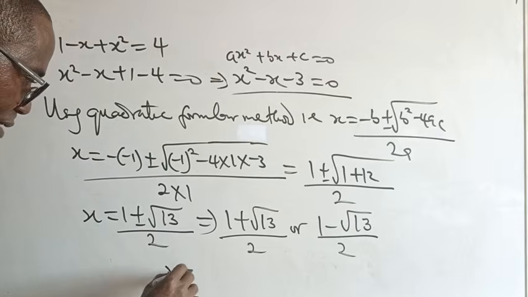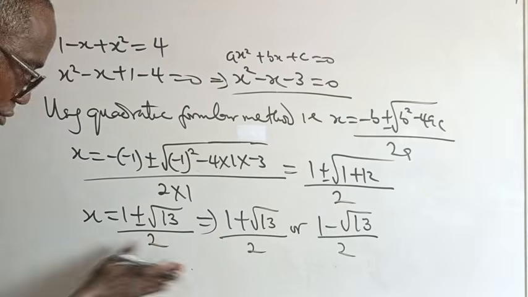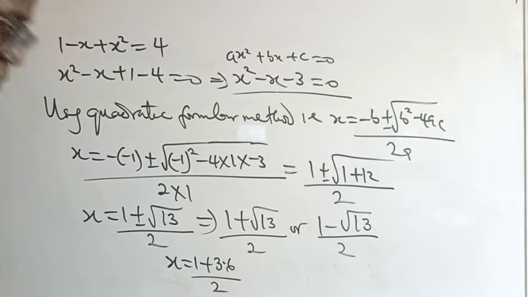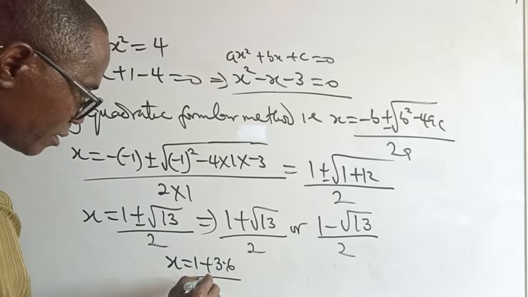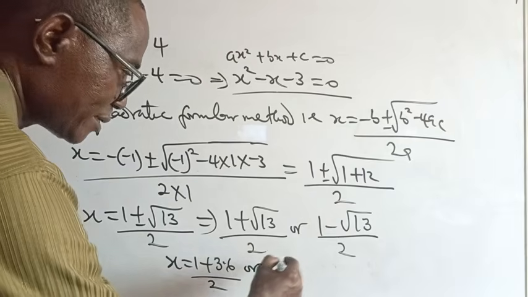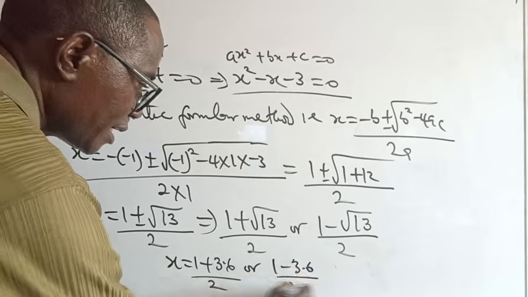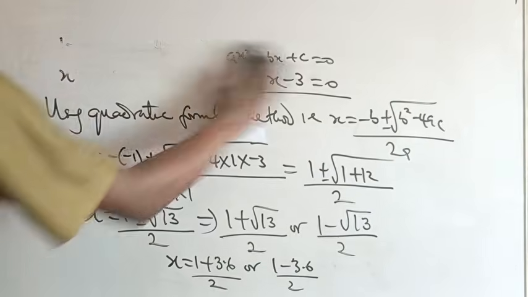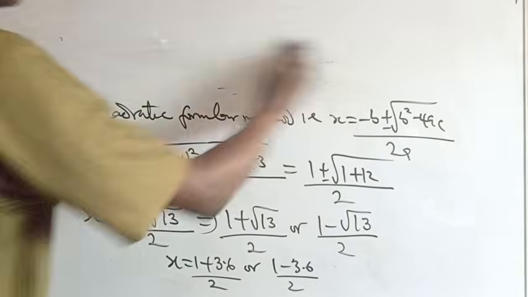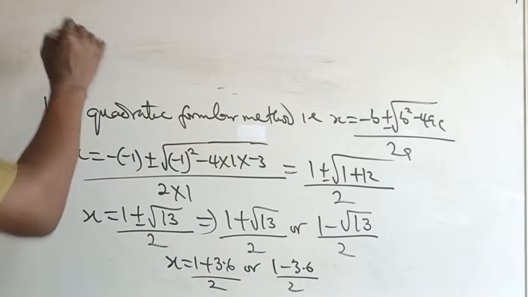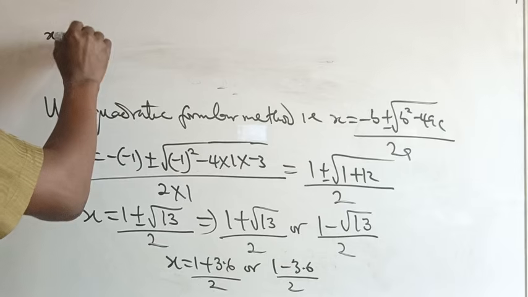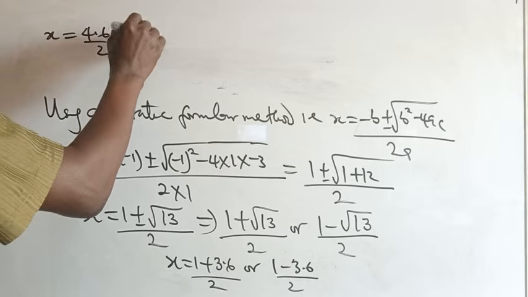Therefore, what is the value of root 13? x will be 1 plus 3.6 all over 2, or if you subtract, 1 minus 3.6 all over 2. So the first one is 1 plus 3.6, that is 4.6 all over 2, which is 2.3.